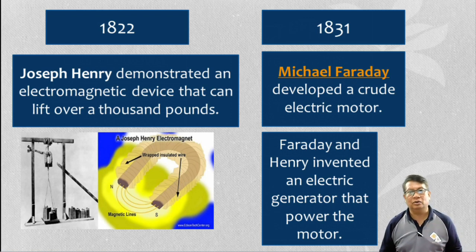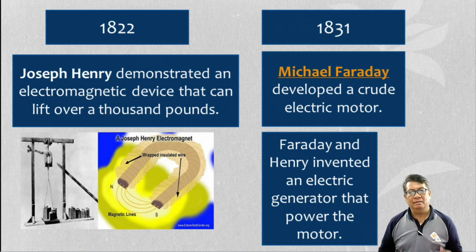And this electric motor now has various applications, even your electric fan, your water pump, your escalator, elevator, and so on. These will be run using an electric motor to let them work.